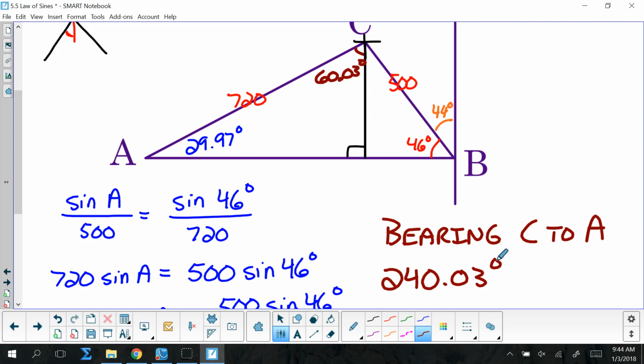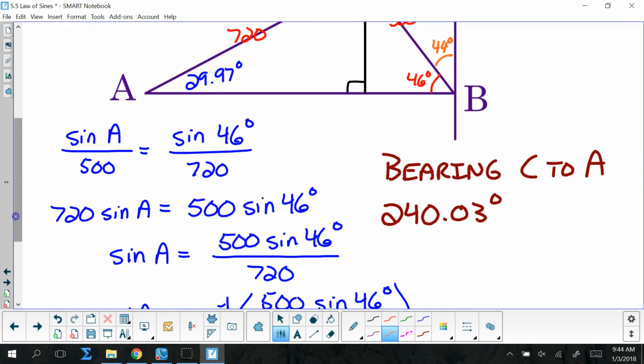Because 0 starts up on top, and I've got to go all the way around, 90, 180, and then 60.03 more. So that gives me a bearing of 240.03 degrees.